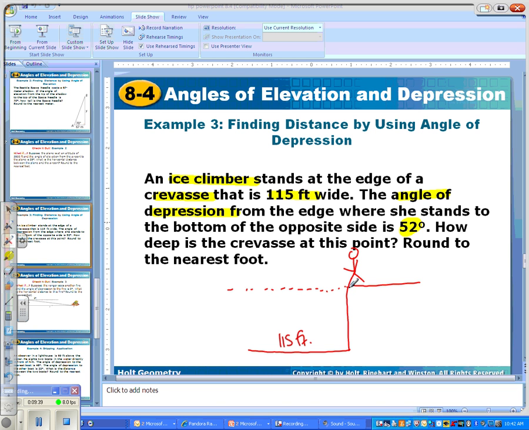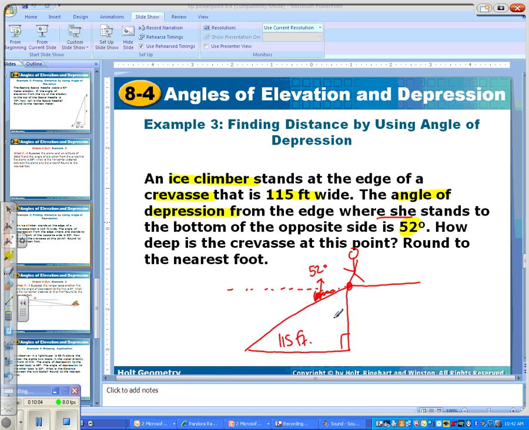The angle of depression from where she stands, so this is where she's standing, to the bottom of the crevice is 52 degrees. Now this is important, this is where some people are going to goof up. Remember, the angle of depression is below the horizon. So this is 52 degrees.